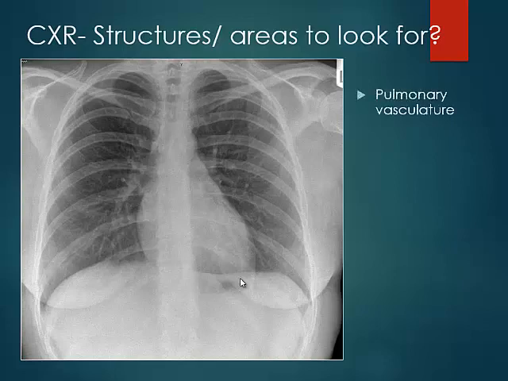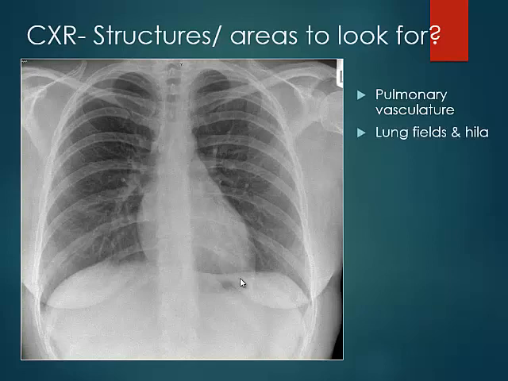The most important structure you're looking for in a cardiac patient is pulmonary vasculature. That's the most important information because the size of the pulmonary vessels reflects the pressure in the heart. You may have a normal heart size, but if you have distended pulmonary vessels, that may represent increased cardiac pressures. So that's the one most important sign.